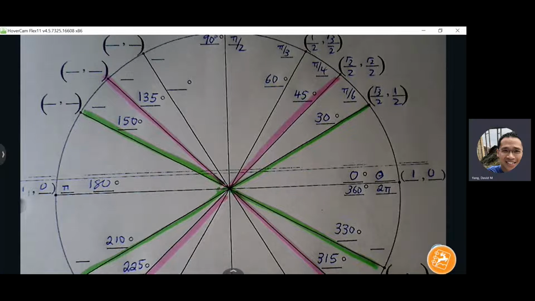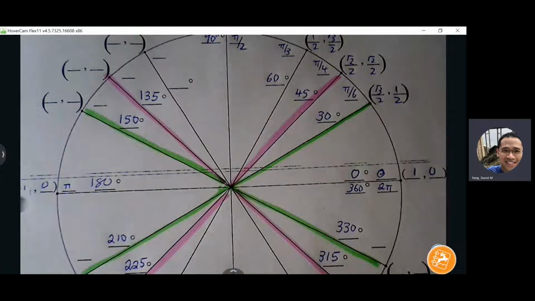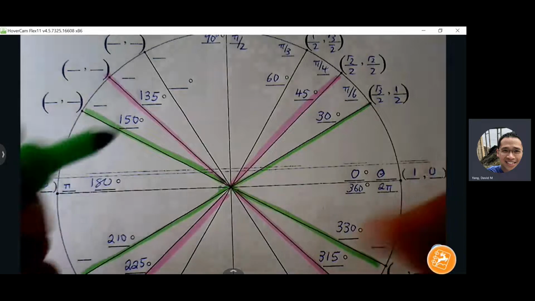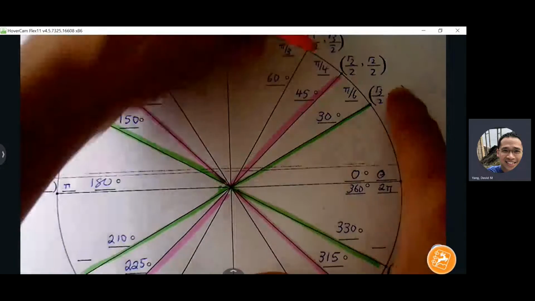And then finally, the pi over 3, these are the angles furthest away from the x-axis. These are all 60-degree reference angles, 60 degrees away from the x-axis.